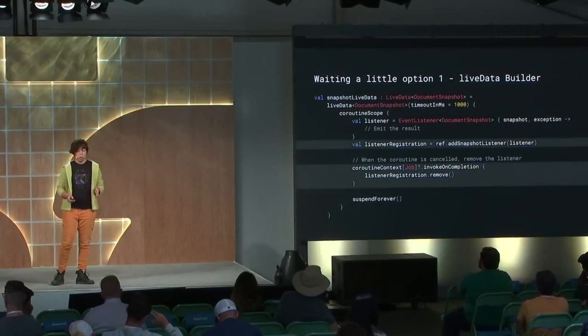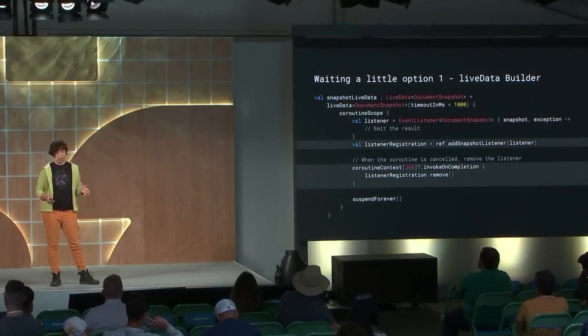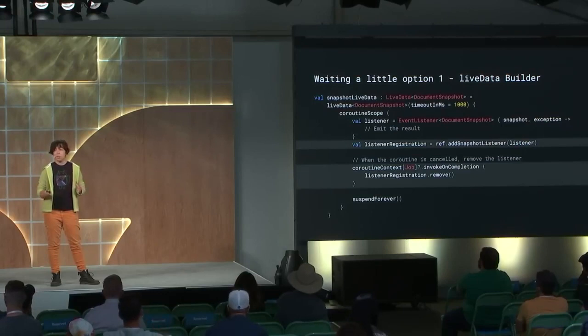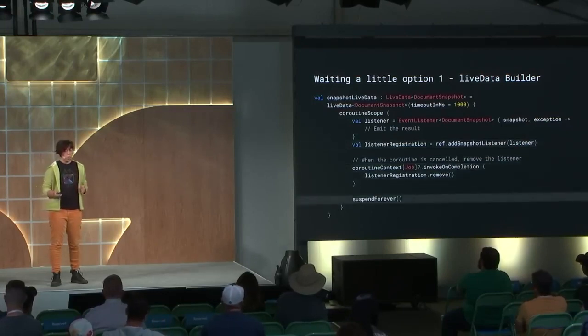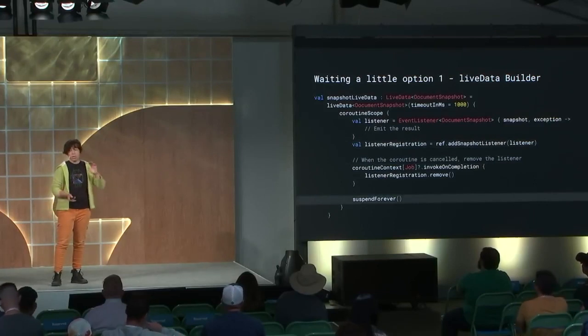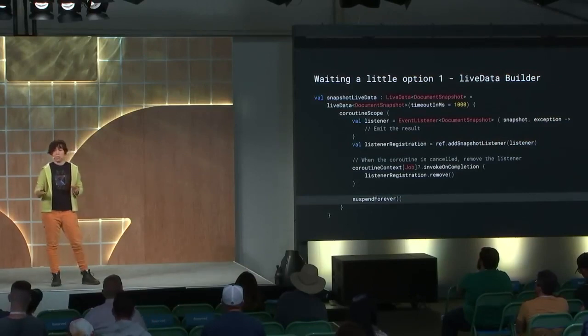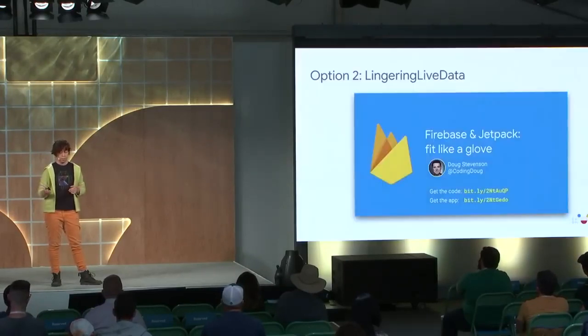The listener removal code removes the listener when the coroutine finishes or is canceled. Remember that the coroutine is canceled when the LiveData becomes truly inactive. Note that we don't want this coroutine to ever finish organically. We only want it to be canceled. Therefore, we have to make sure that it suspends forever so that it can keep emitting the results from that listener, and that it will only stop when it becomes inactive.